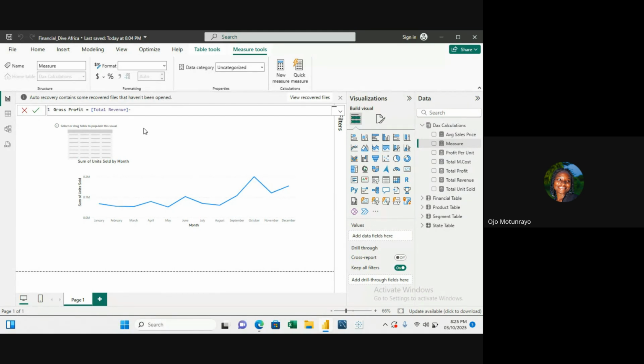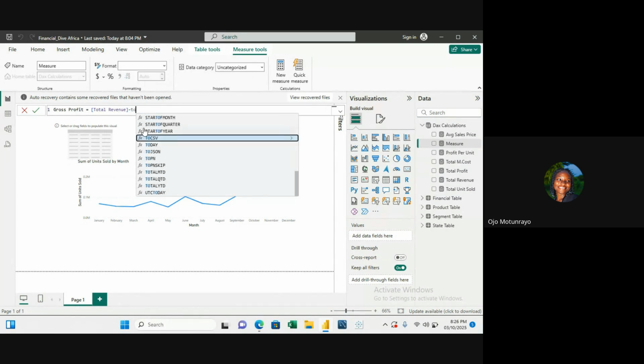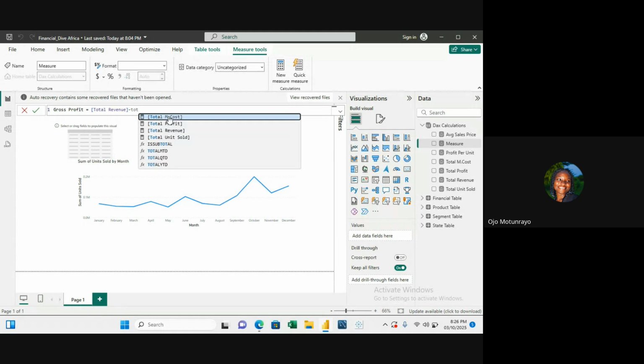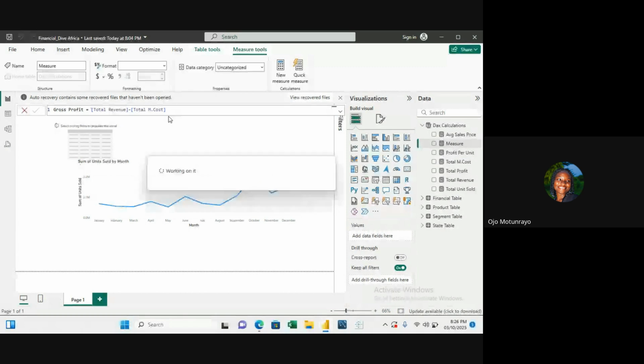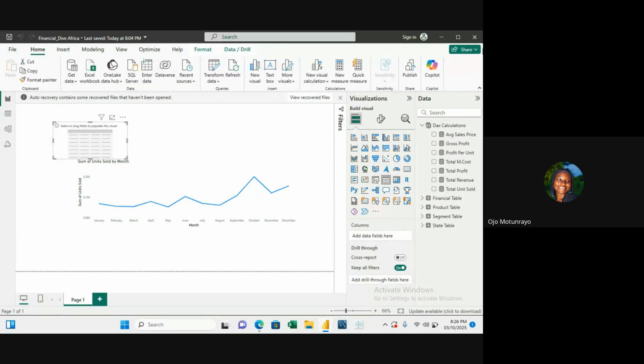Total sales minus total manufacturing cost. Let me check it again here and see what it will give us. So the gross profit.